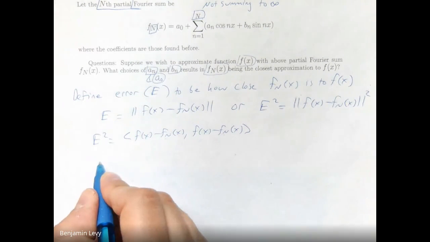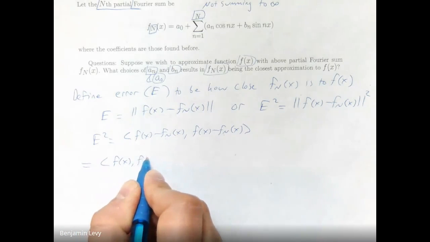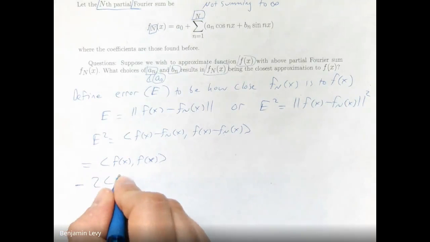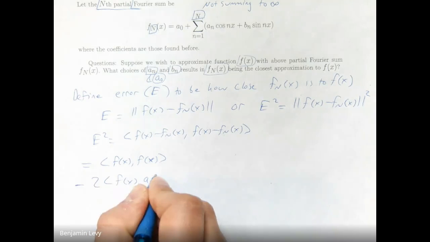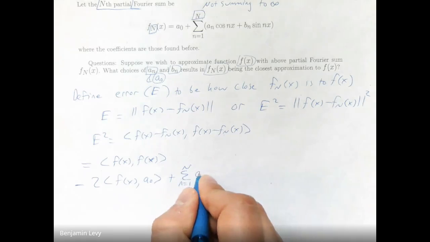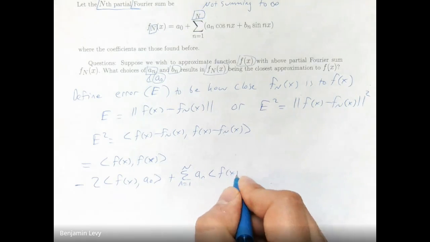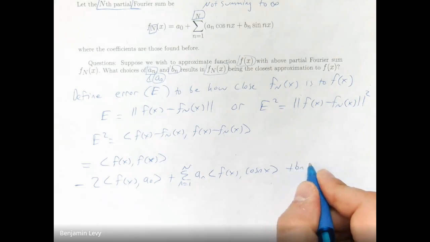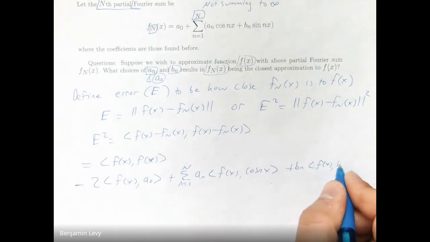So this is going to equal the inner product of the function with itself. But then we get a bunch of other terms. We also get, after you plug in f_n and then you dot it with the function, it looks like this: 2 f(x) a0 plus the sum of a_n f(x) cosine nx plus b_n f(x) sine nx.